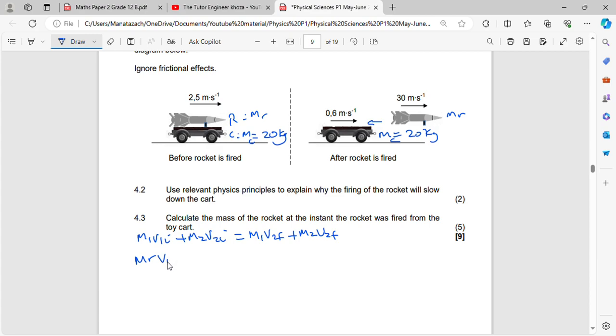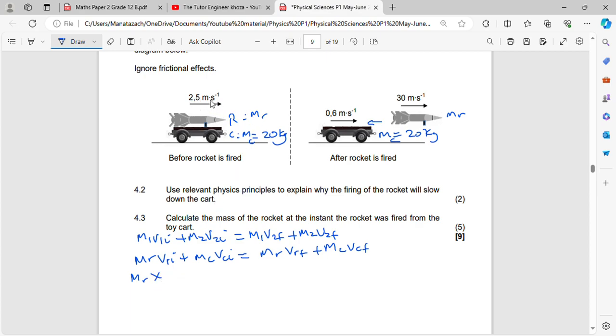Let's call it vr initial plus mc vc initial is equal to mr vr final plus mc vc final. So the mr, that's the mass I'm interested in.